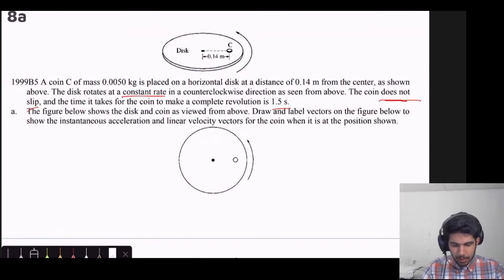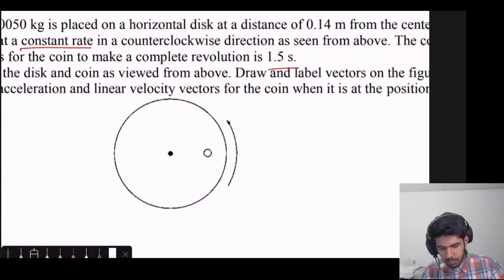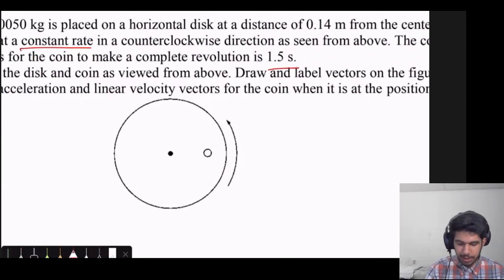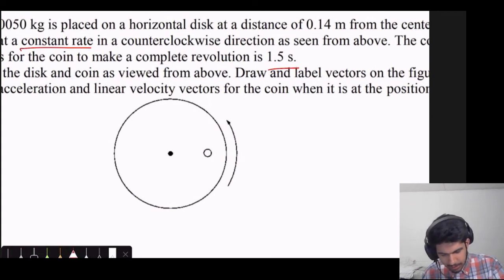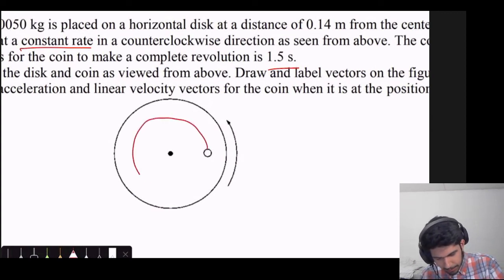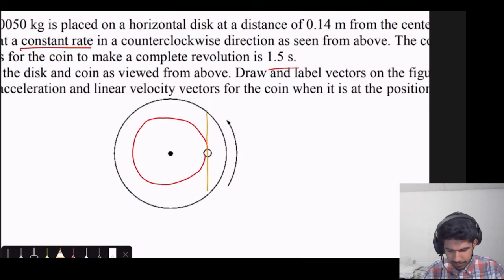So it's not slipping. Okay, so here we're asked to draw and label vectors showing the instantaneous acceleration and linear velocity vectors for a coin at its position. Okay. Well, that shouldn't be too hard. It's spinning anti-clockwise. The velocity vector should be tangential. So let me just redraw this circle here. And so the tangent line at this point looks something like that.